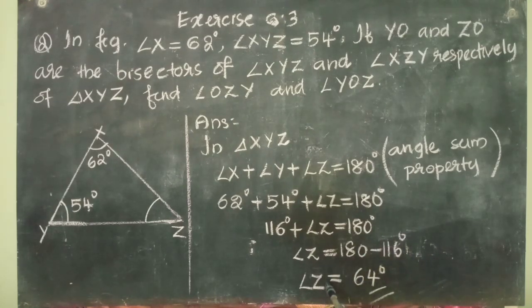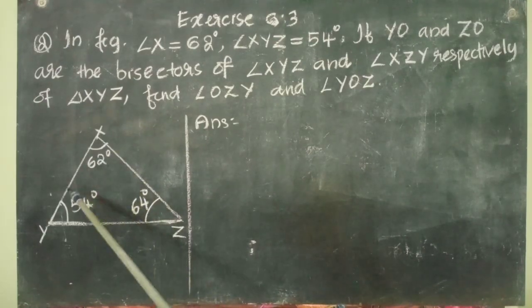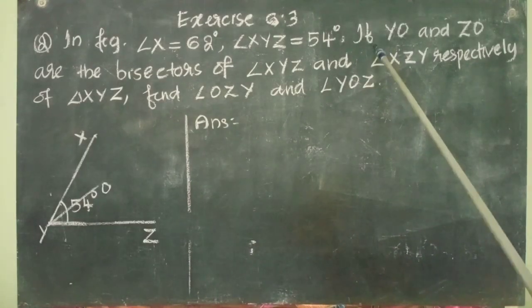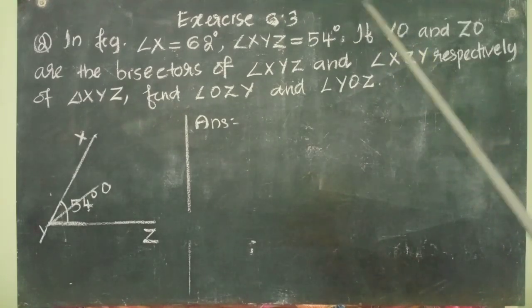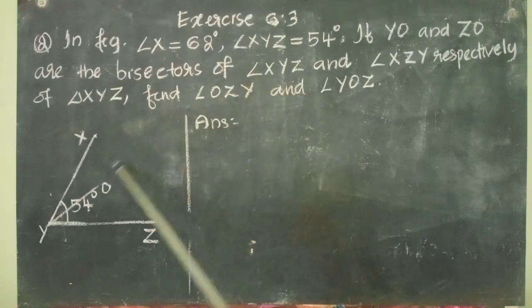That is angle Z equal to 64 degree. So in this figure, angle X is 62 degree, angle Y is 54 degree, angle Z is 64 degree. Now in the question it is given YO is the bisector of angle XYZ.